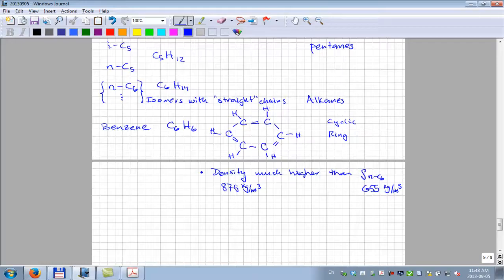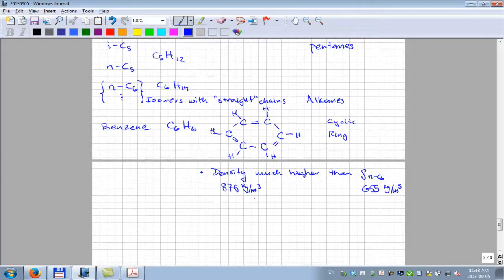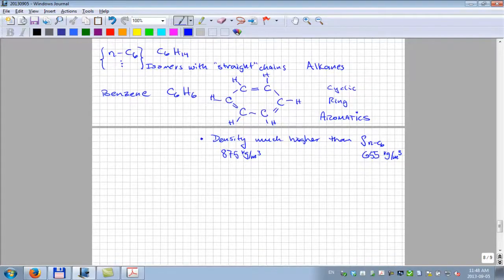Okay, so those density properties, and really all the other properties, are quite different. All compounds that contain the benzene ring are referred to as aromatics. A single benzene compound, and then you may have a chain of other carbon numbers in more of a straight chain beyond that.